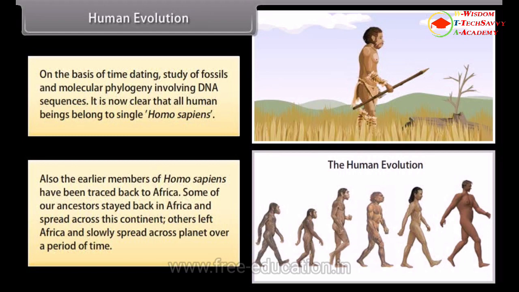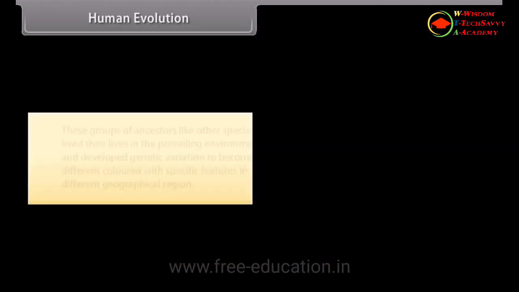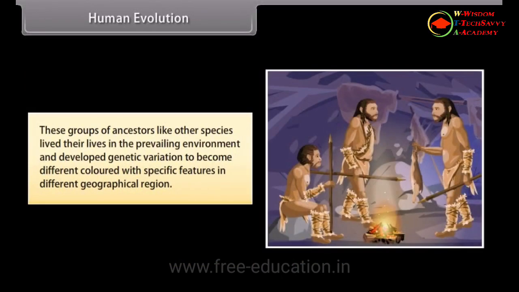Some of our ancestors stayed back in Africa and spread across this continent. Others left Africa and slowly spread across the planet over a period of time. These groups of ancestors, like other species, lived their lives in the prevailing environment and developed genetic variation to become differently colored with specific features in different geographical regions.